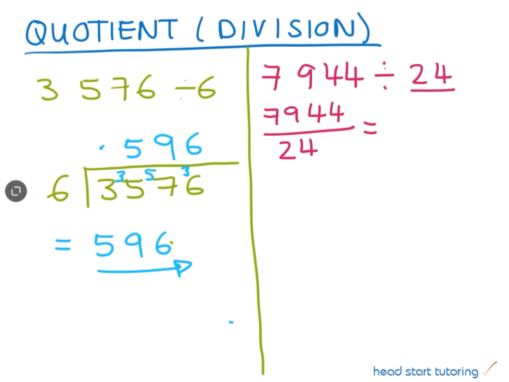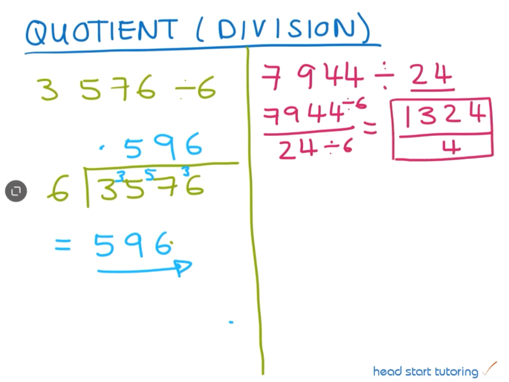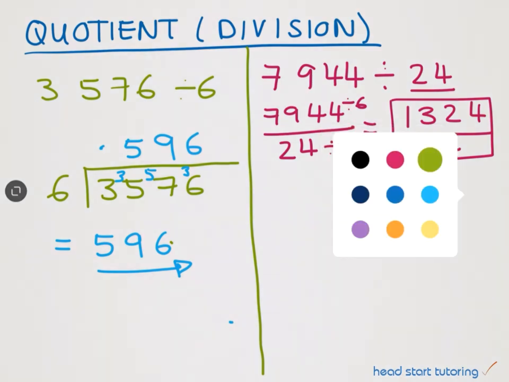So if we want to simplify this fraction, what we can do is, let's say, divide this 7,944 by 6 and divide 24 by 6, and you would just do that calculation on the side, 7944 divided by 6, and you would get an answer of 1324, and you divide that by 24 divided by 6, which is equal to 4. So all we've done is we've simplified this fraction, and now this division or this fraction would be much easier to get our final answer.